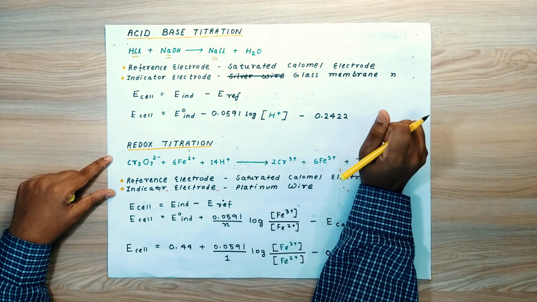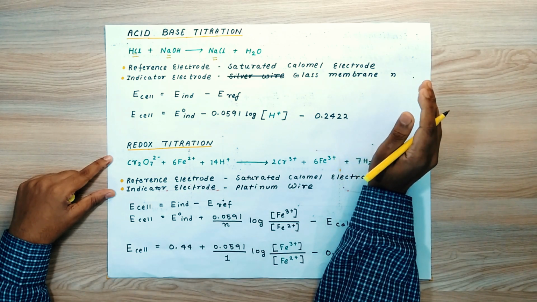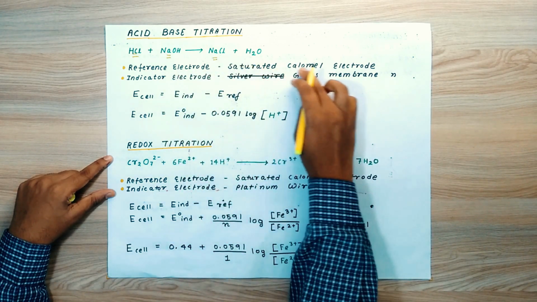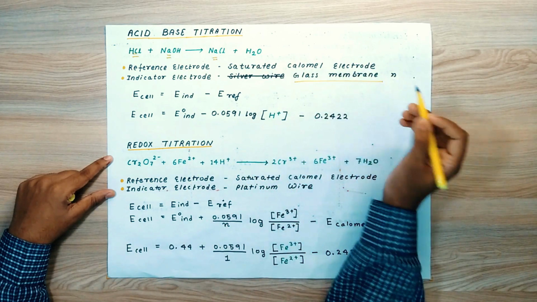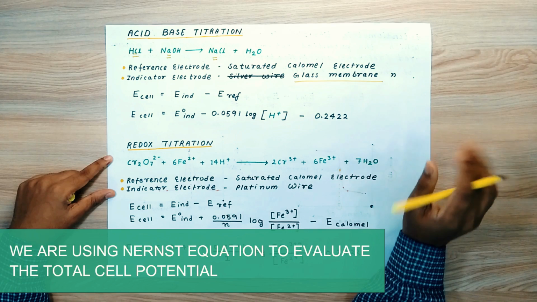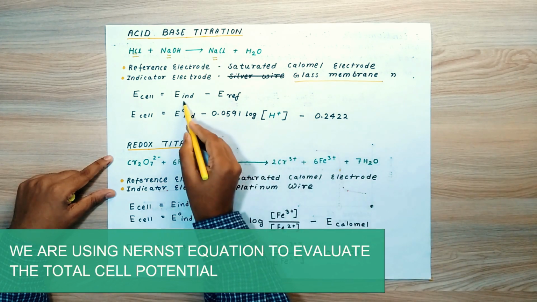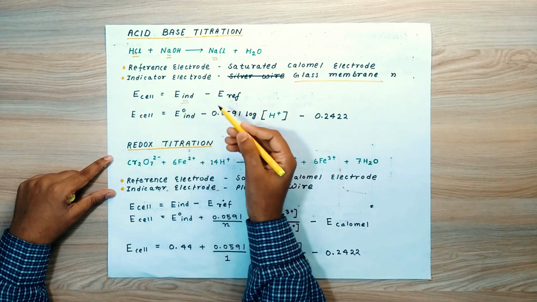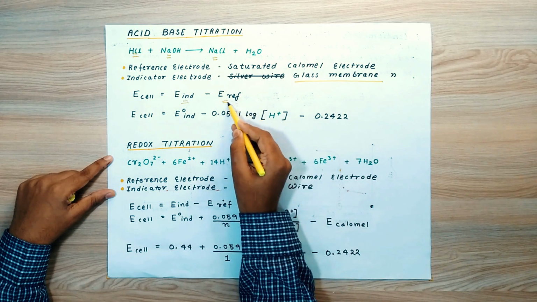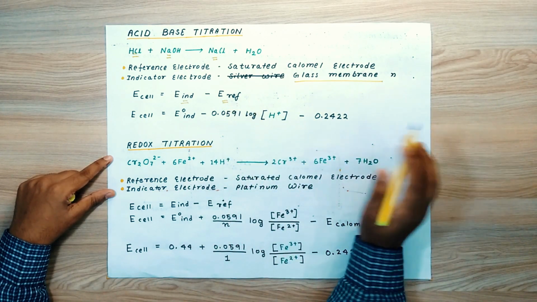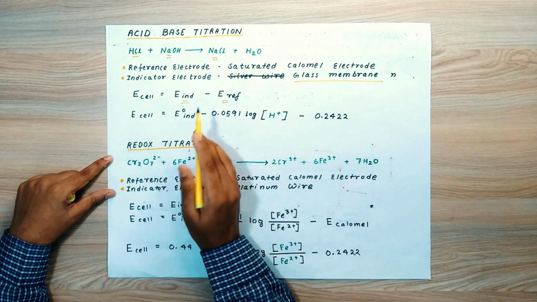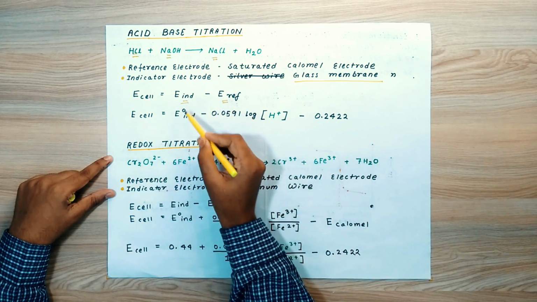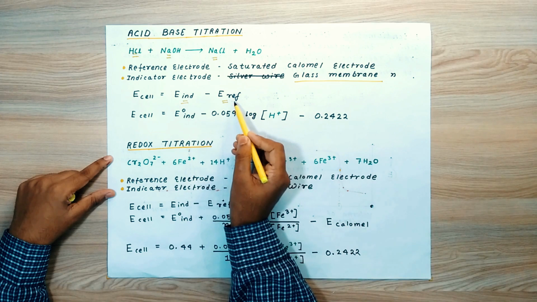In this acid-base titration, our reference electrode will be a saturated calomel electrode and the indicator electrode will be a glass membrane electrode. As we know the mother formula, E potential is equal to E indicator minus E reference. We are not including the junction potential as it is very small. So E potential comes out to be E indicator minus E reference.